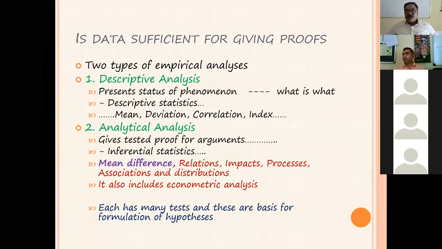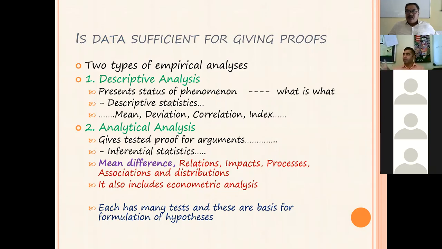So then the question arises: is the data sufficient for giving proof? Why I am asking this question is because whenever we do research, when we present the outcome of our research, we can make two types of analysis.